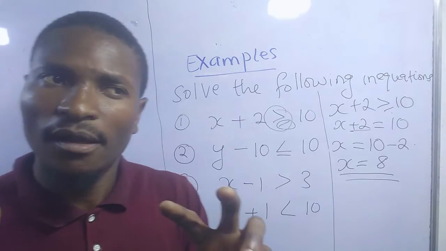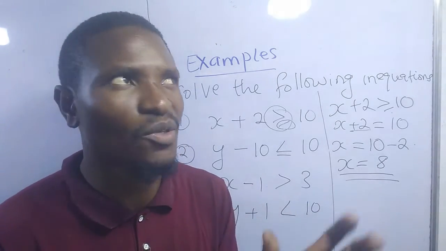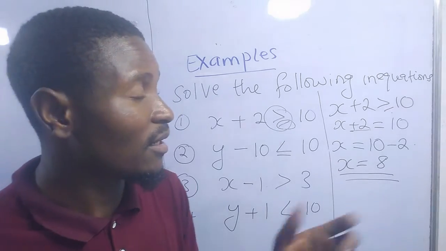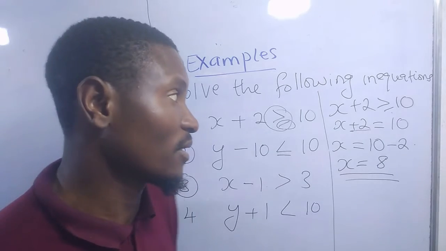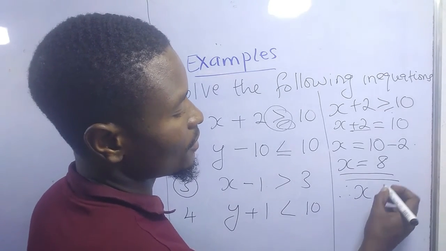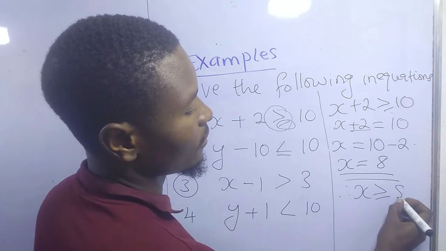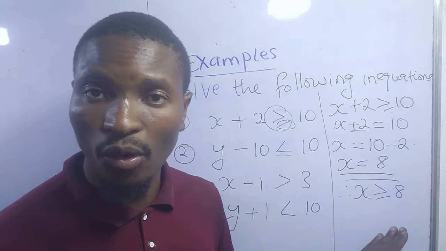Now, we are not just going to say that x equals 8, because we are doing inequality symbols, remember? We are supposed to bring back the symbol that we had at first. So therefore, x is greater than 8. As simple as that.